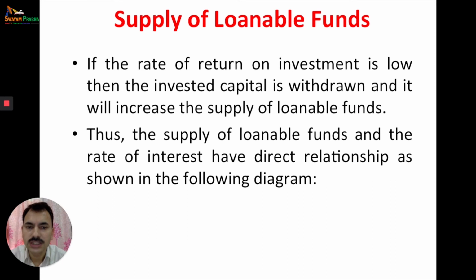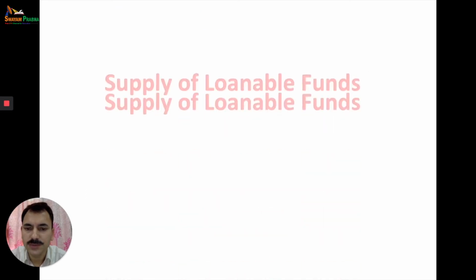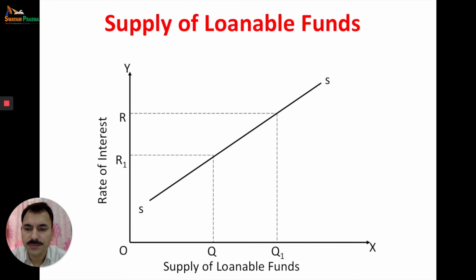Thus, the supply of loanable funds and the rate of interest have a direct relationship, which we can see with the following diagram. There is a positive and proportional relationship between rate of interest and supply of loanable funds. Higher the rate of interest, higher will be the supply of loanable funds.